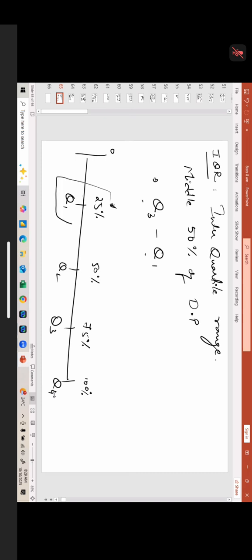These are positions. Q1 is a position, Q2 is also a position, Q3 and Q4 too. But we need to find the value that is present at that position. To calculate IQR, we need to find the value present at the Q1 position and Q3 position.